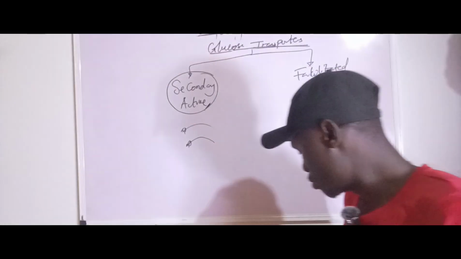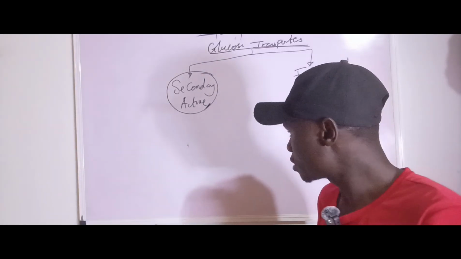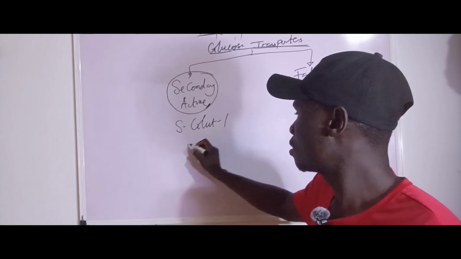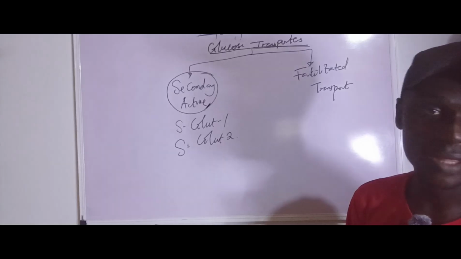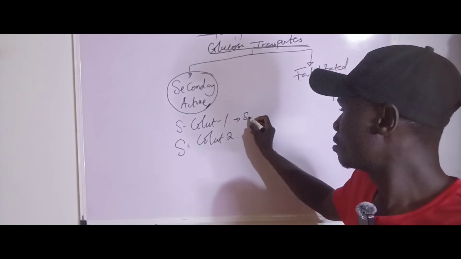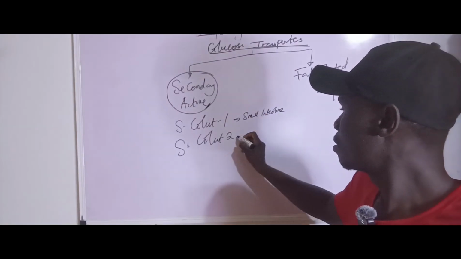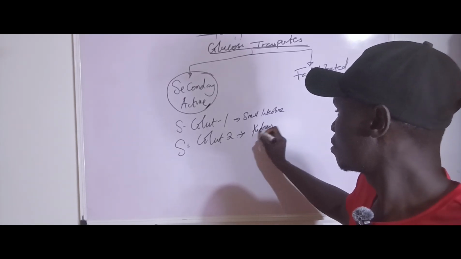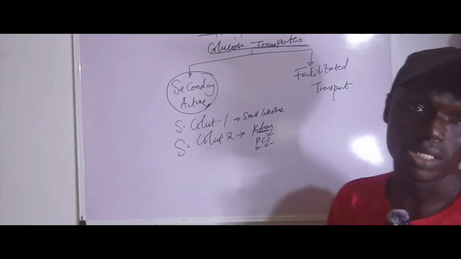And there are just two transporters in this class, just two main ones: S-GLUT1 and S-GLUT2. Okay, S-GLUT1 and S-GLUT2. S-GLUT1 is found in the small intestine. S-GLUT2 is found in the kidney, in the PCT, proximal convoluted tubules of the kidney.